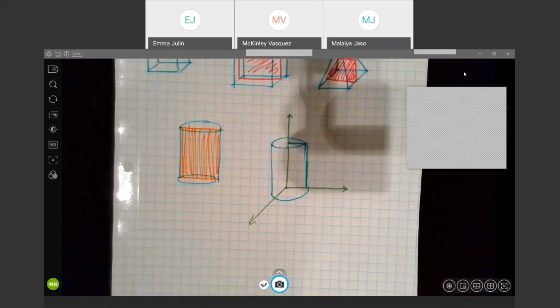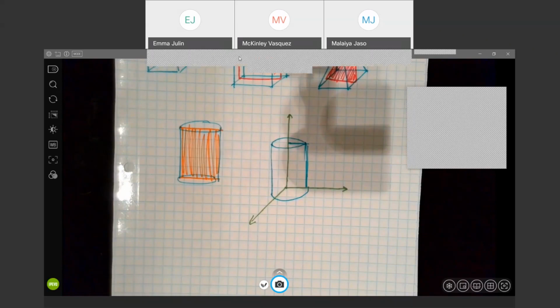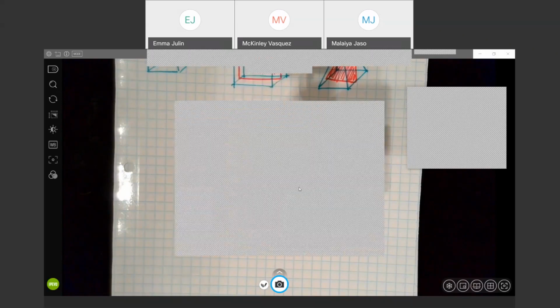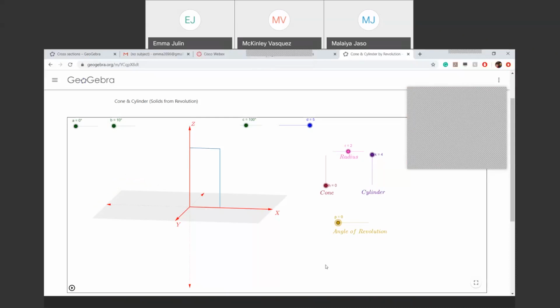Let me show you guys on a GeoGebra app. So right here, just to further illustrate what I'm talking about, I have the x-axis and the y-axis that we're all familiar with, but the z-axis is what creates our 3D shape.